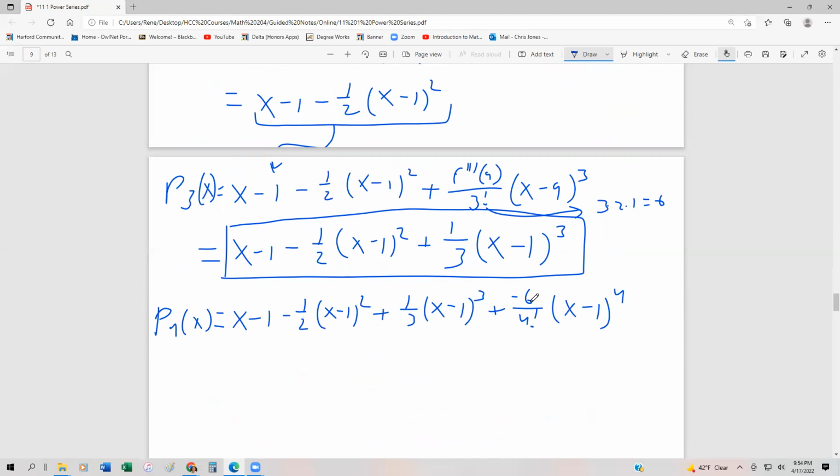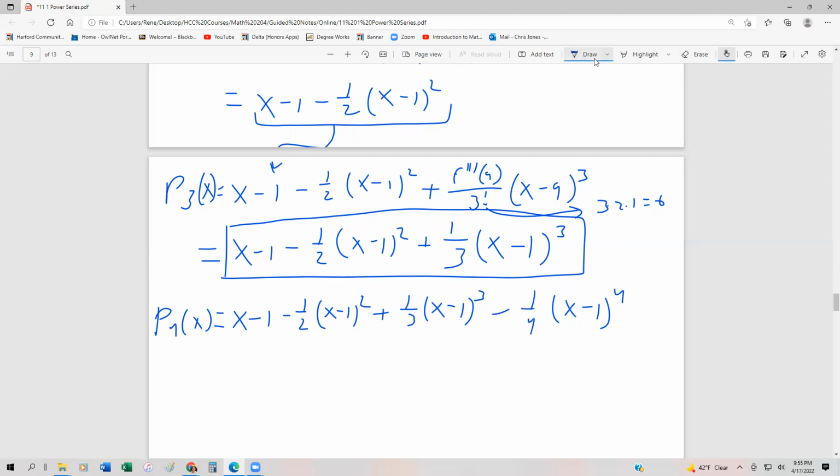We know 4 factorial is 4 times 3 times 2 times 1, which is 24. So this turns into negative 6 over 24, which simplifies to negative 1/4. So this coefficient just becomes minus 1/4.